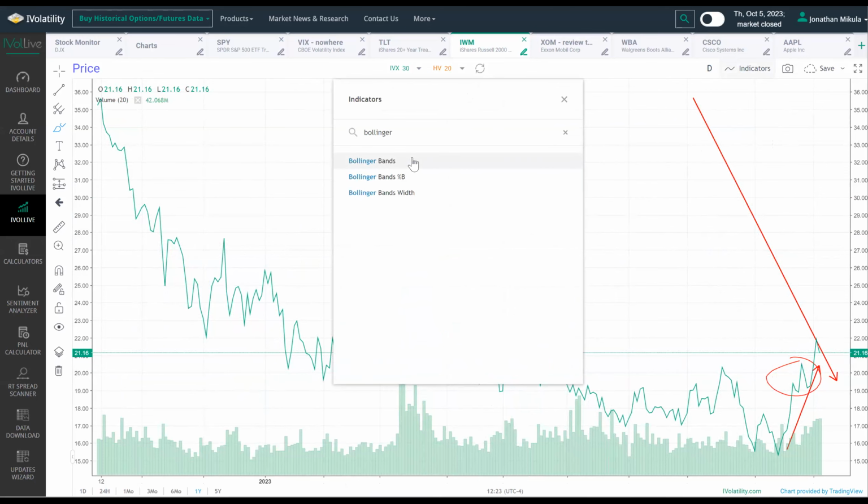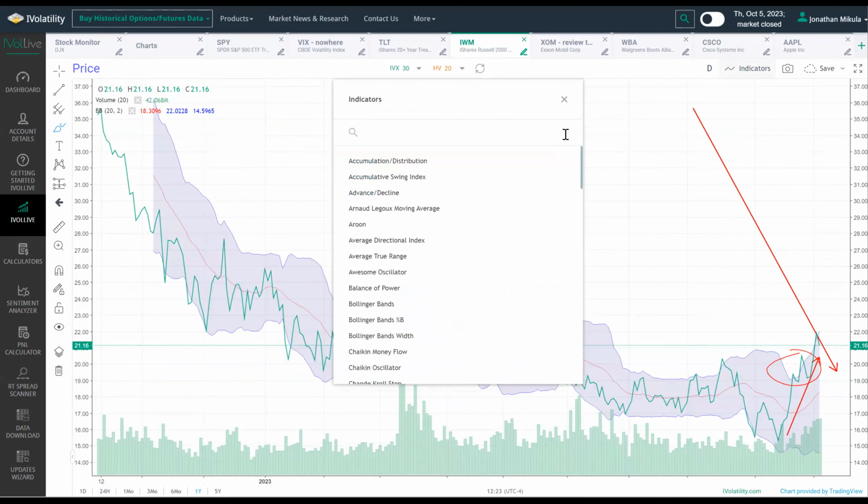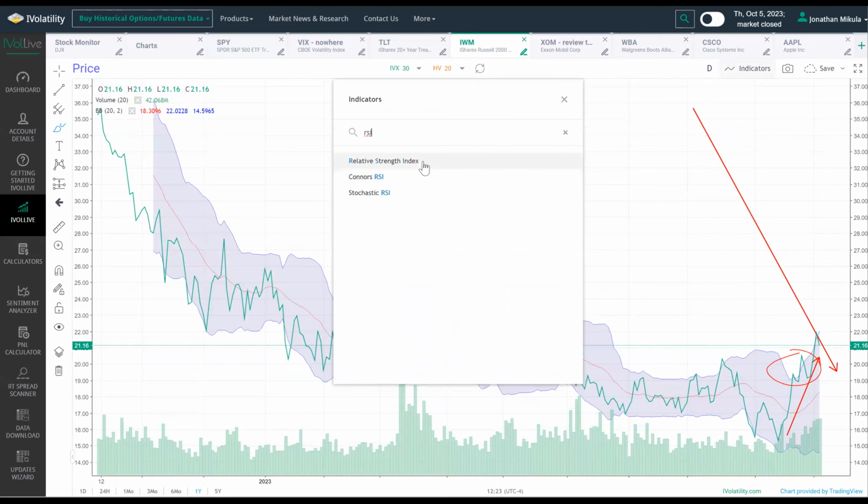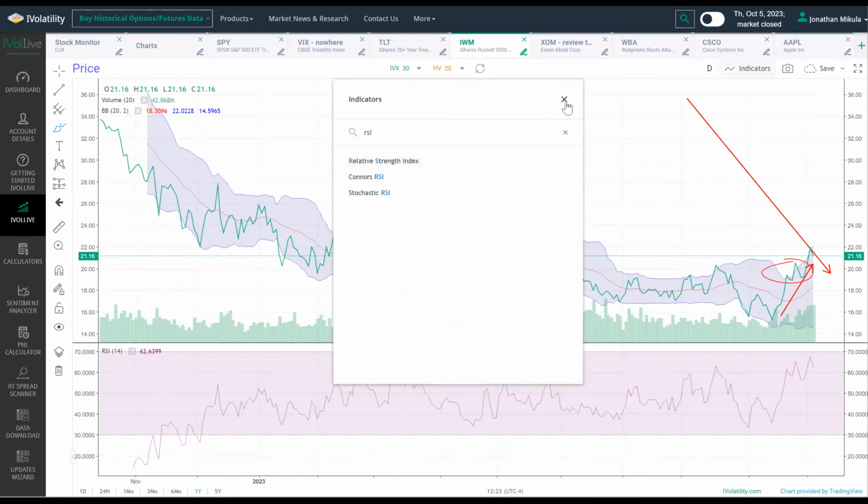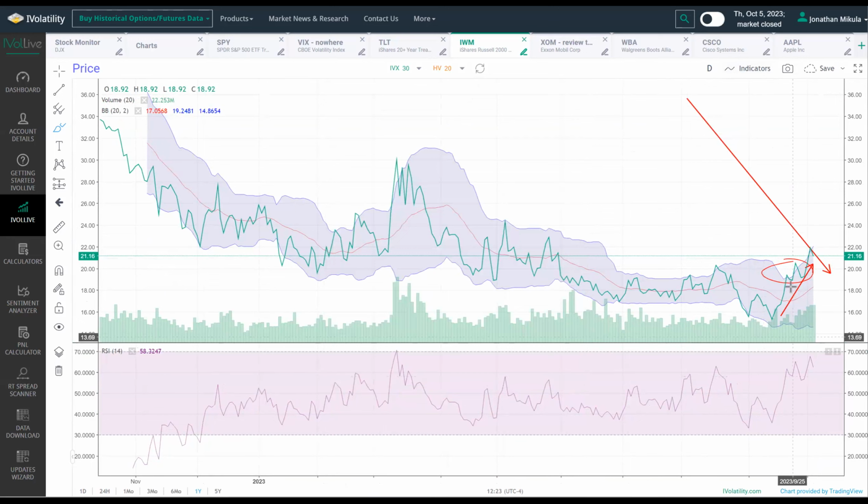They're in alphabetical order. I wanted to add these two because they stood out to me, RSI and Bollinger Band. What was interesting to me as I'm analyzing the implied volatility for the Russell 2000 is that you can see it peaked above its upper Bollinger Band right there.